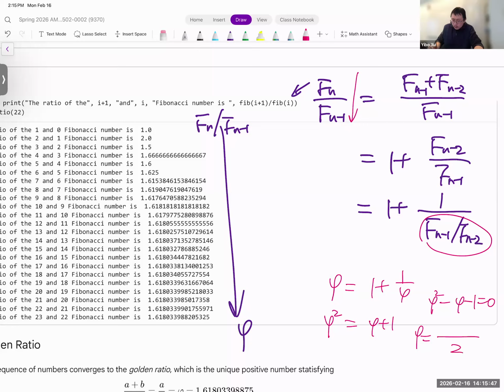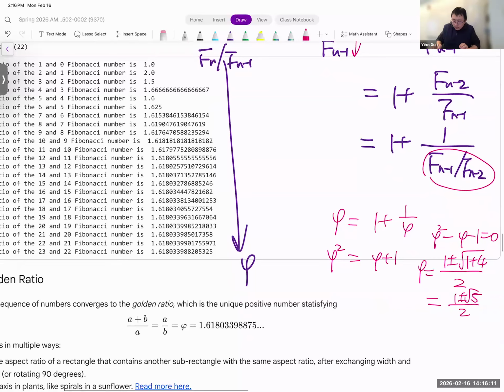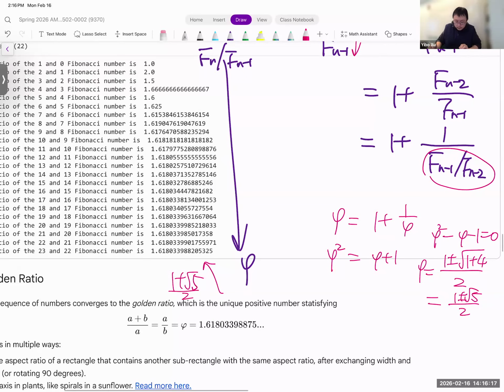So phi has to be 2 in the denominator. The numerator is 1 plus or minus the square root of 1 squared plus 4. Roughly speaking, this number is 1 plus square root of 5 over 2.